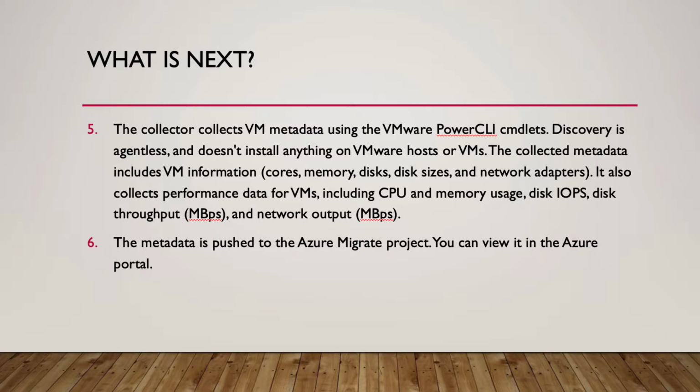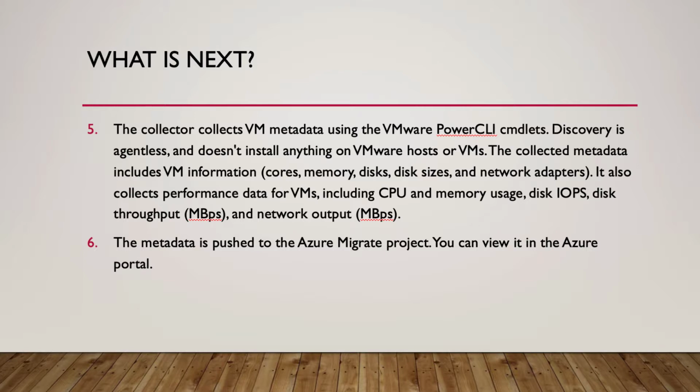Step 5 is the collector collects VM metadata using the VMware PowerCLI cmdlets, and discovery is agentless. This is important. Please remember, discovery is agentless and doesn't install anything on VMware hosts or VMs. So it basically just looks into them, sees the information, and moves on. Nothing will be added, so your VMs are intact after this assessment.